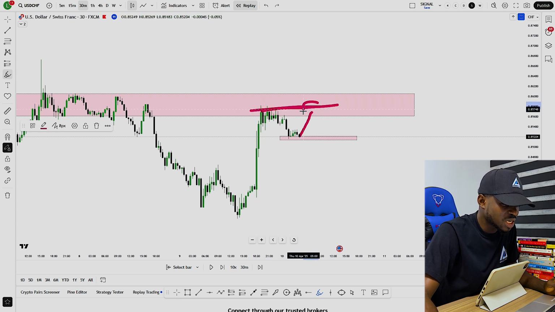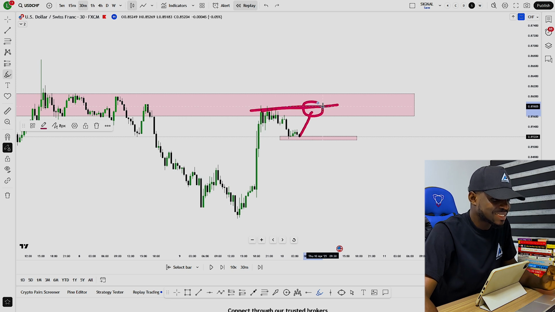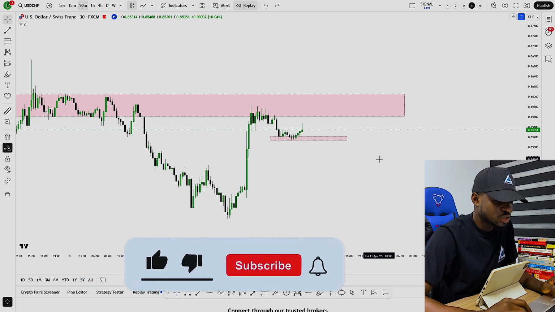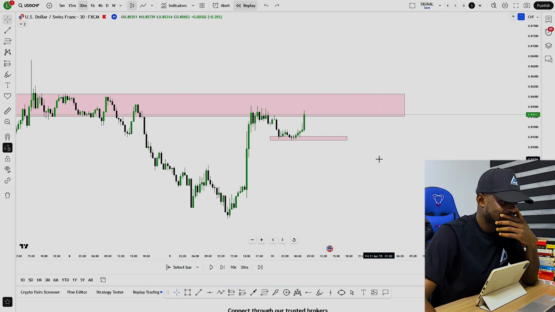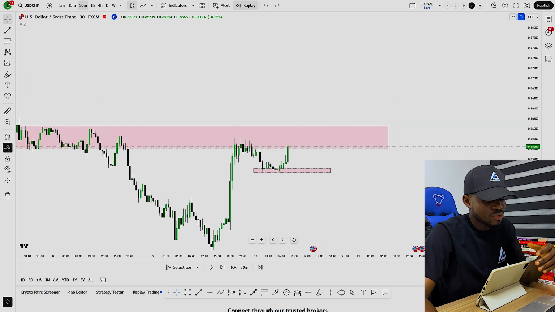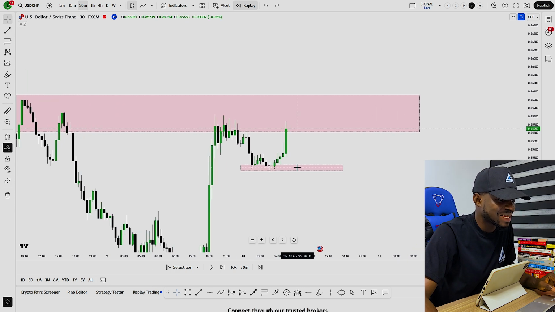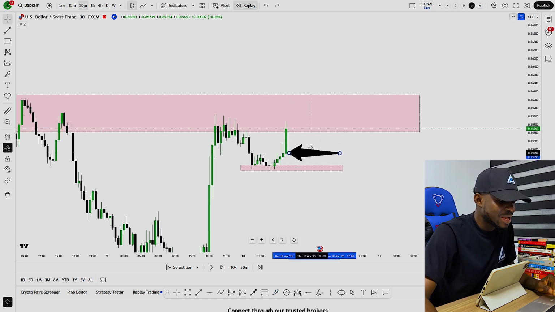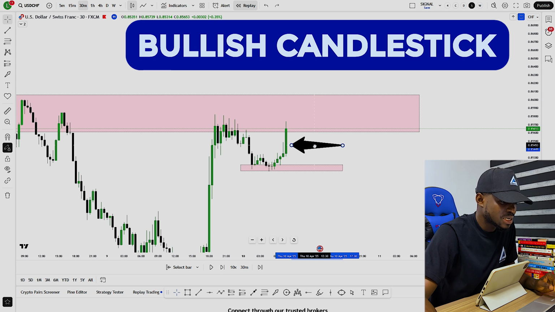then we have to watch out for candlesticks that represent a bearish reversal candlestick pattern, representing the presence of sellers in the market. We need this price action to mitigate our point of interest a second time. Right now, the candlestick that tapped our point of interest the second time was a bullish candlestick with momentum.